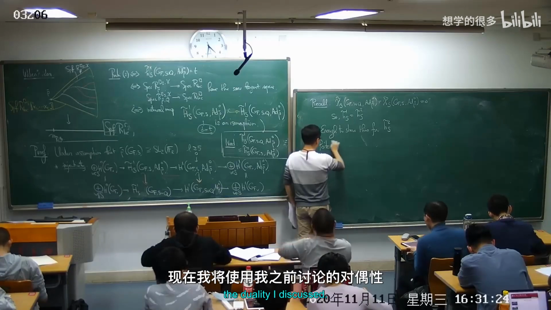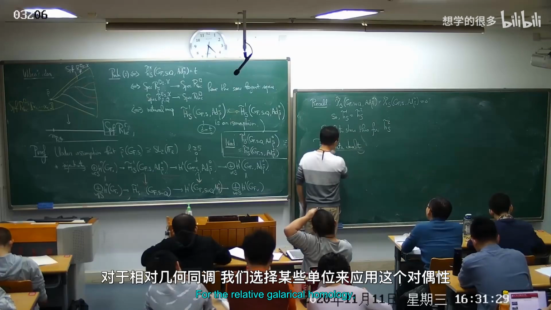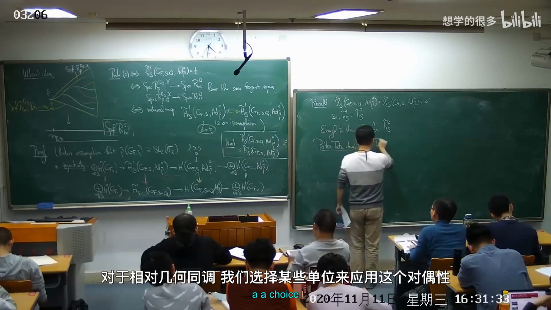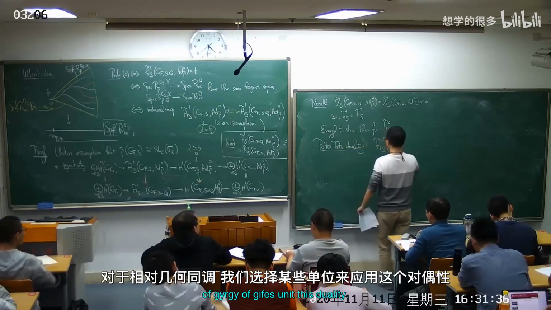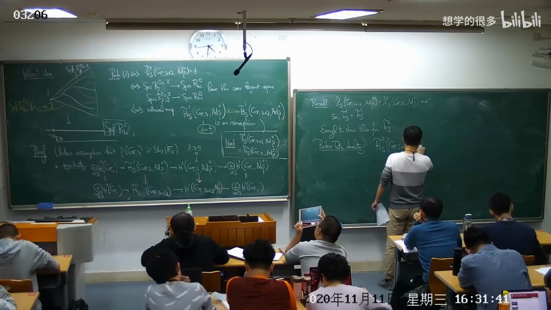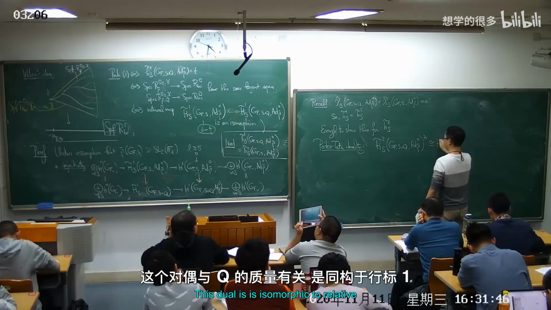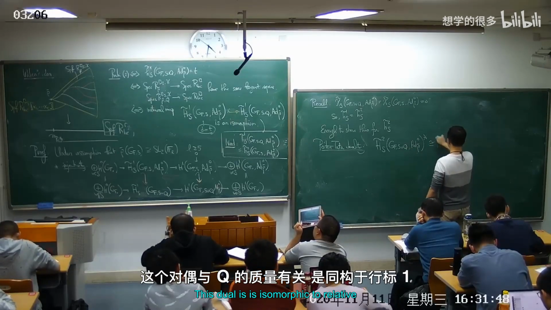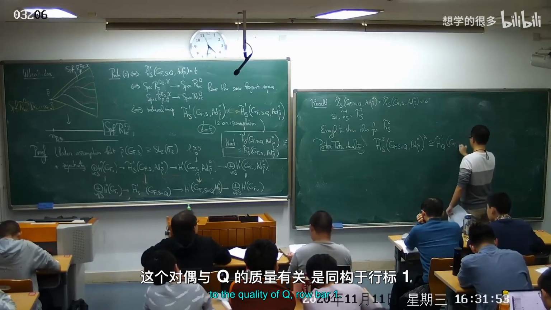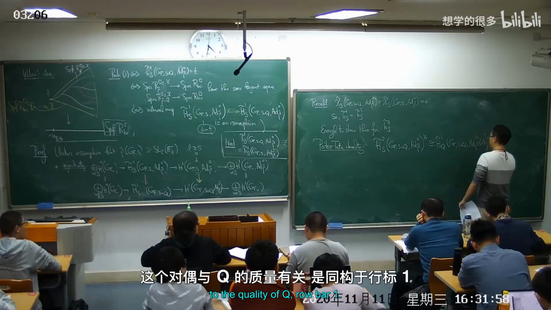Now I'm going to use the duality I discussed. For the relative Galois cohomology, H tilde 2 S of G_{F,S∪Q}, the dual is isomorphic to H1 relative to the cohomology of Q, rho bar 1.